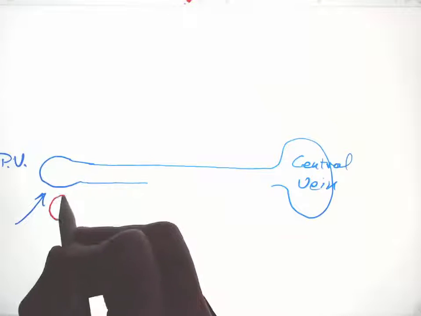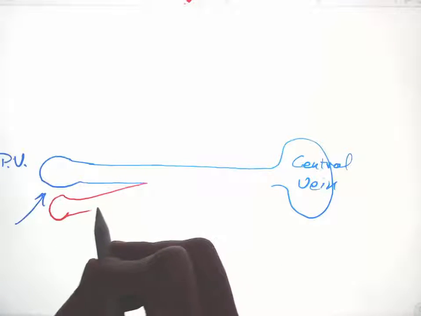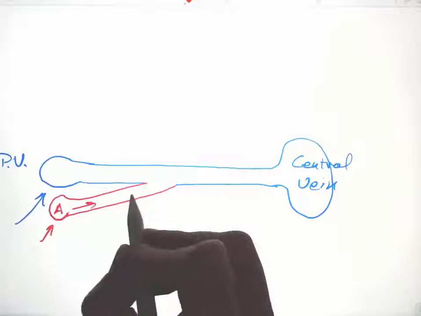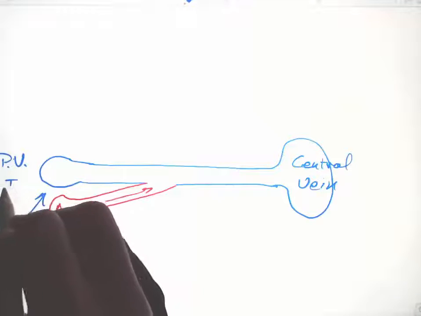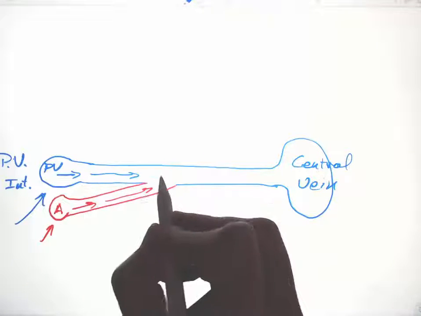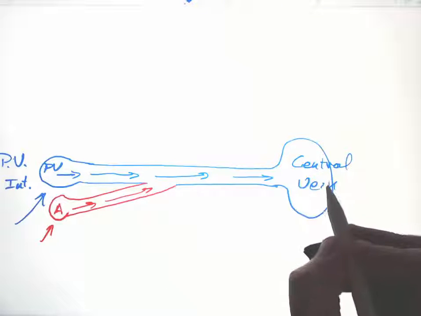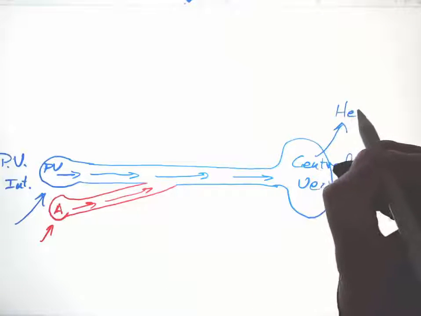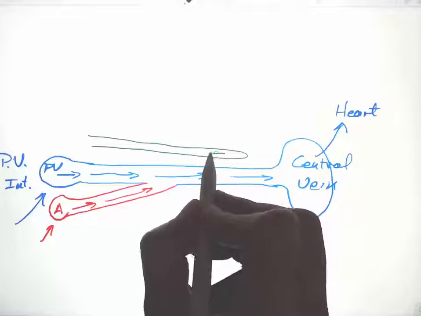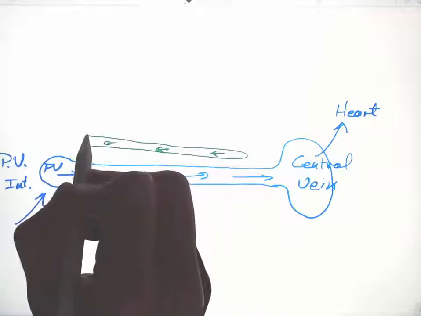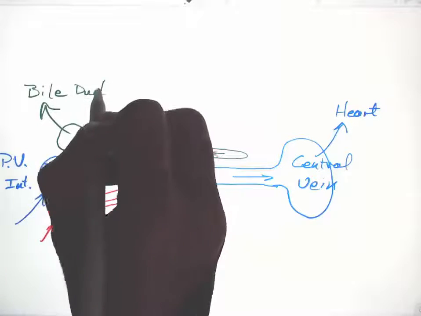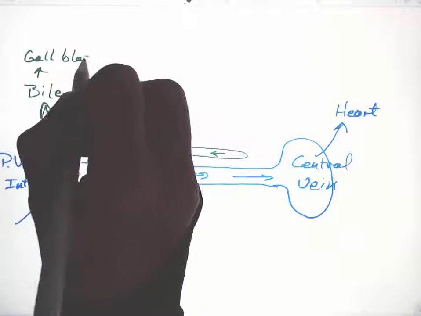There'd also be an arteriole, hepatic arteriole coming in and joining, arterial blood coming in here, blood from the intestine coming in through the portal venule, joining to reach the central vein and back to the heart. The bile starts and moves in countercurrent direction, eventually collecting in the gallbladder.